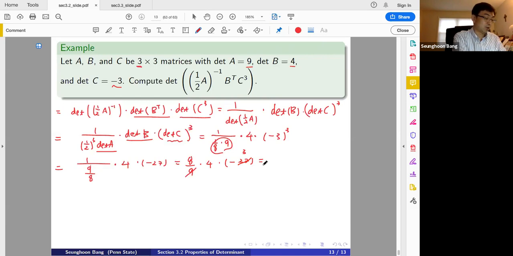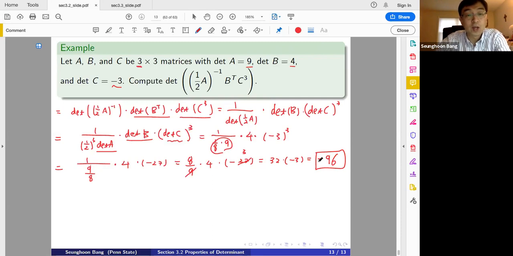Let's check the answer there. Yes, 8 times 4 is 32, times negative 3. The answer is negative 96. This is the answer to the last question. Okay, this is all for section 3.2.